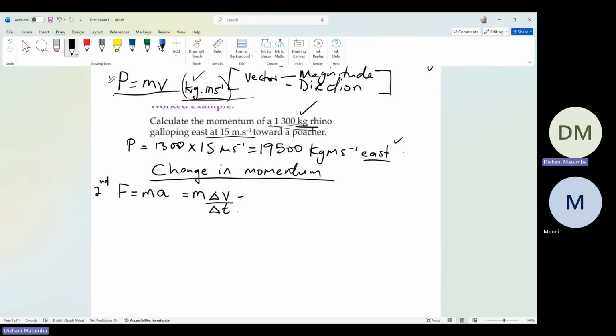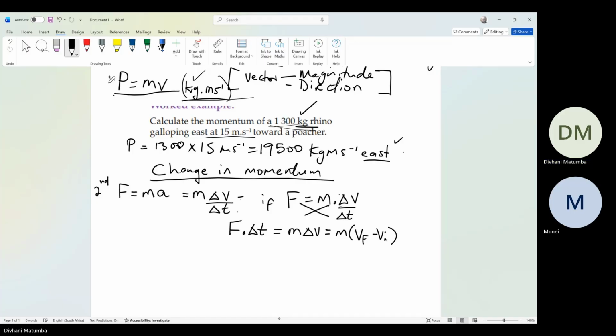Okay, so if F equals m times change in velocity divided by change in time, if we cross multiply, we are going to have F times change in time equals mass times change in velocity, where change in velocity is final velocity minus initial velocity. Do you agree?